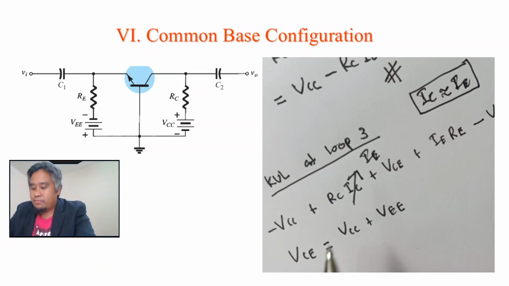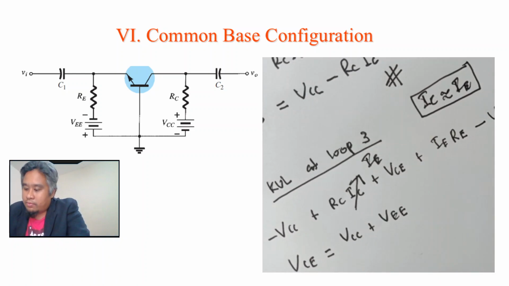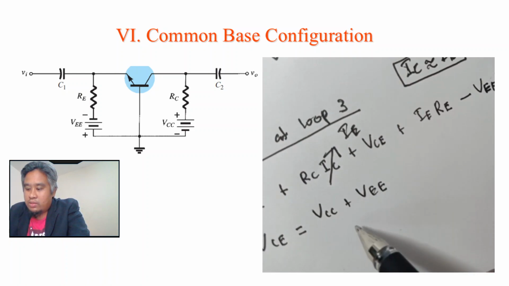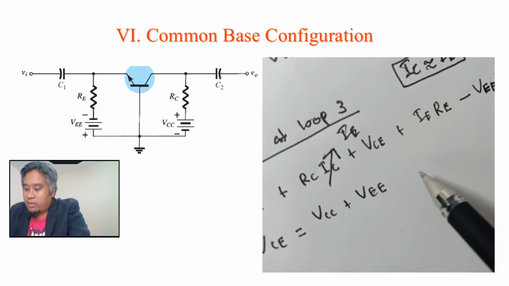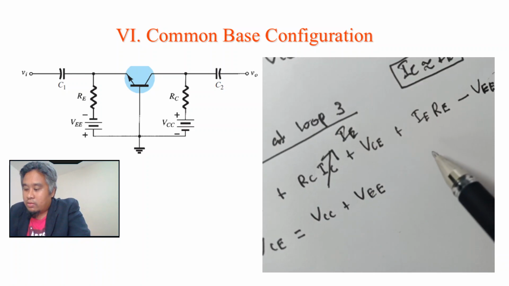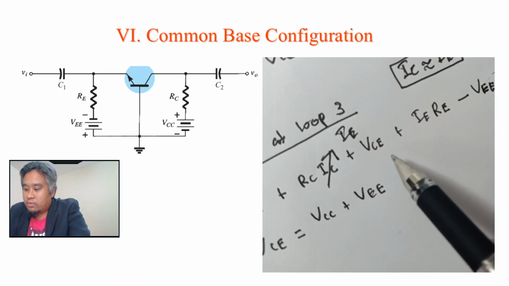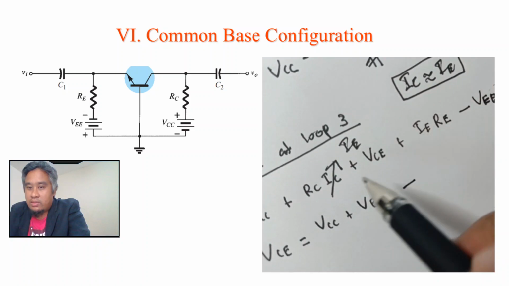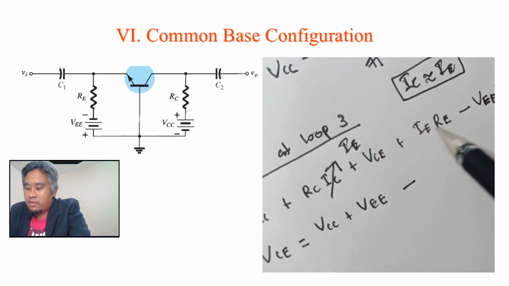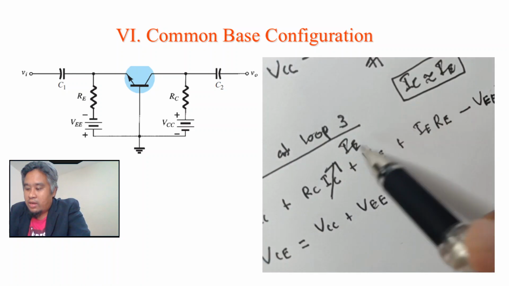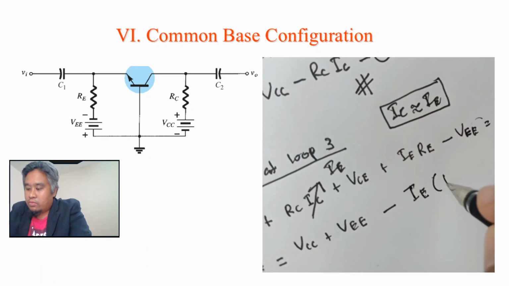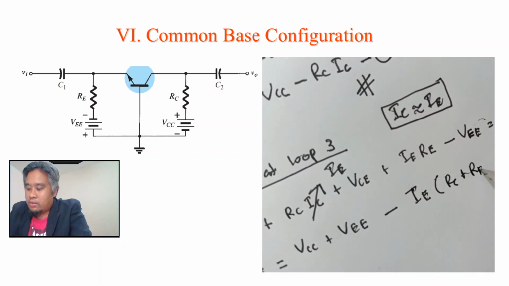Let's continue. Now we have VCE equal to VCC plus VE, and then minus IE RC and IE RE, which we can combine. So IE times RC plus RE.